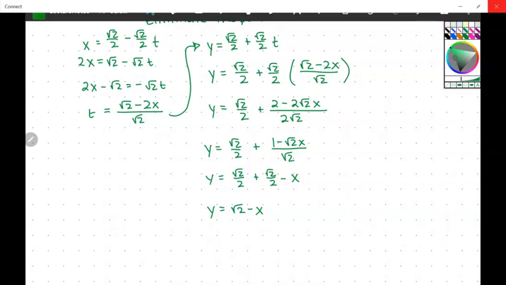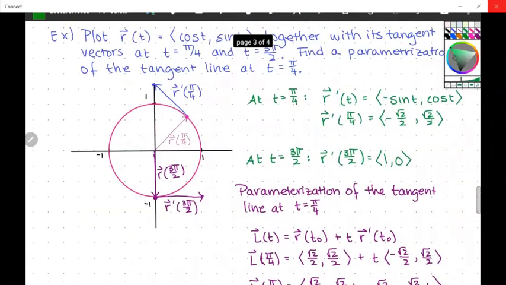So the parametrization of the tangent line would give us this line in rectangular coordinates. Let's go back to our graph for a second. Remember, root 2 is about 1.4. That's our y-intercept. Slope of negative 1. Here was the tangent vector.